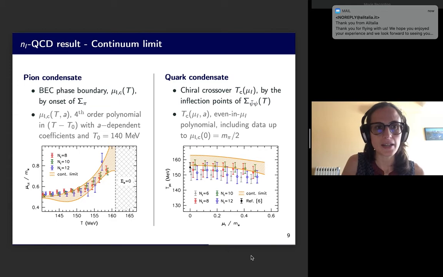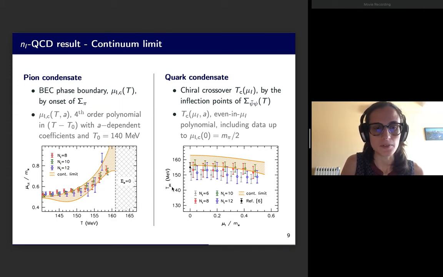In particular, we have different simulations that are run at different values of the temporal extent in the lattice spacing. In this way, one is in a position to start taking a continuum limit for a that goes to 0, that is larger and larger values of n tau.